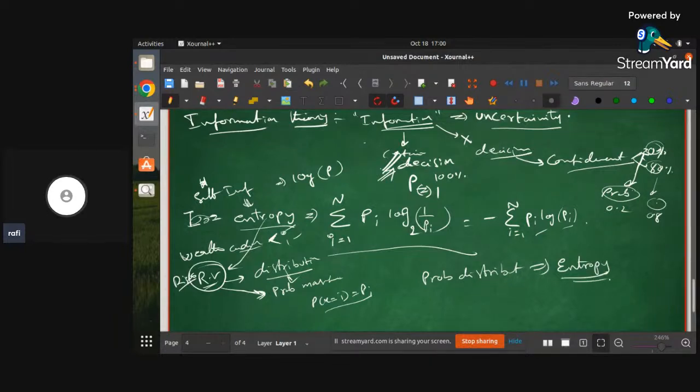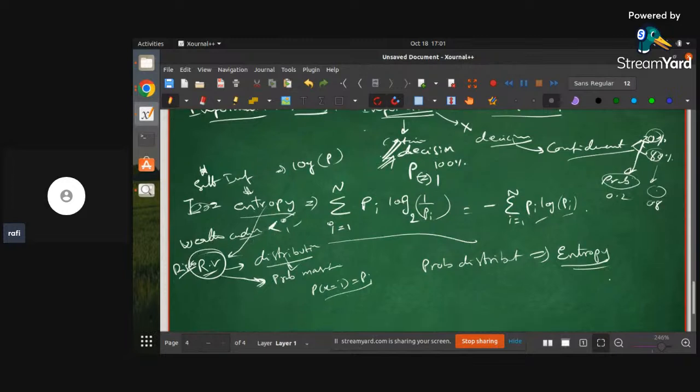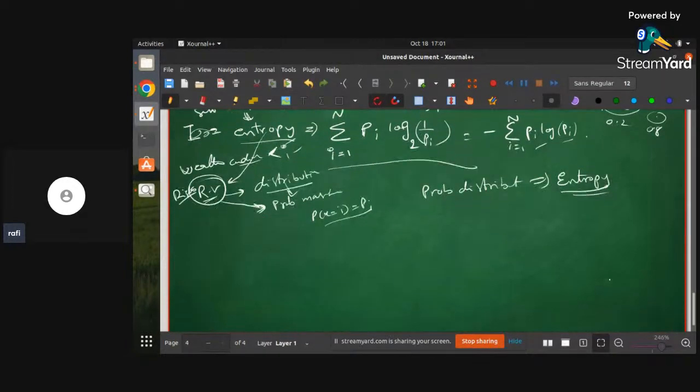So what is entropy? It is the measure of information. If you know the probability distribution, you can measure the information content present in it.